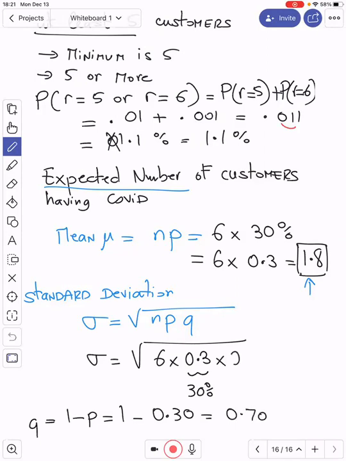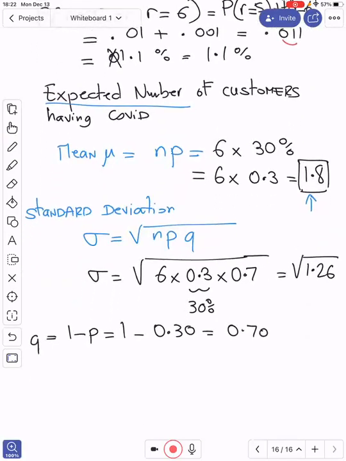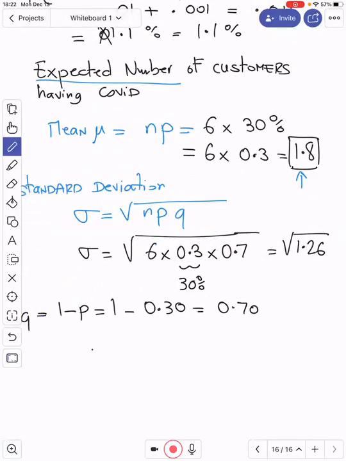So here should be times 0.70 or 0.7. If you multiply 6 by 0.3 by 0.7, that's 1.26. And we are not done yet. That's not the answer, because you need to take the square root of 1.26. The square root of 1.26 will be, I think, 1.122, and that will be the answer.